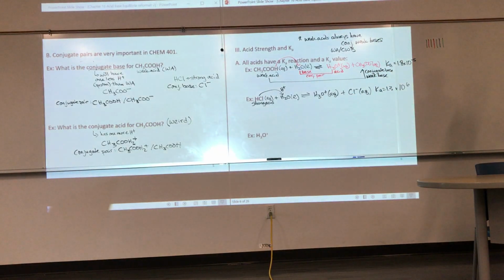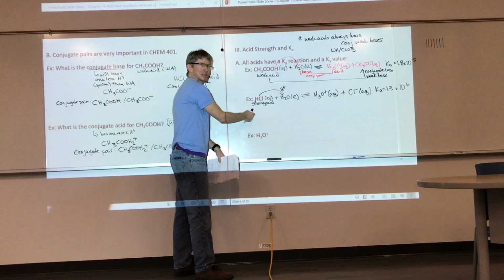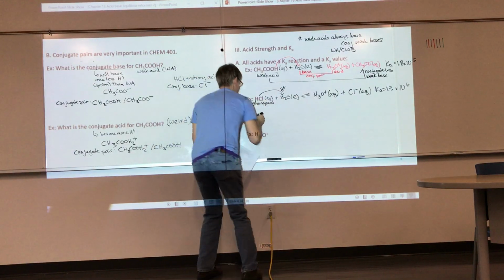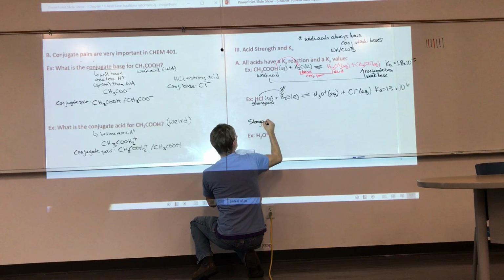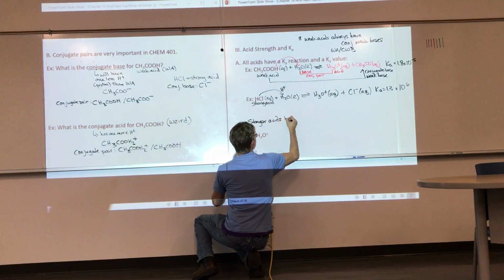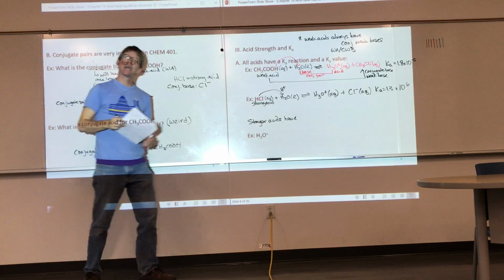The stronger an acid is, the weaker its conjugate base is. So I'll leave a little space here to do the connecting thing, but stronger acids have weaker conjugate bases.